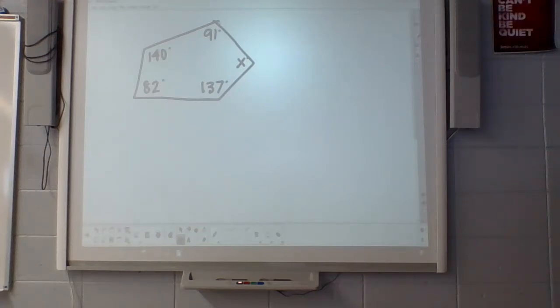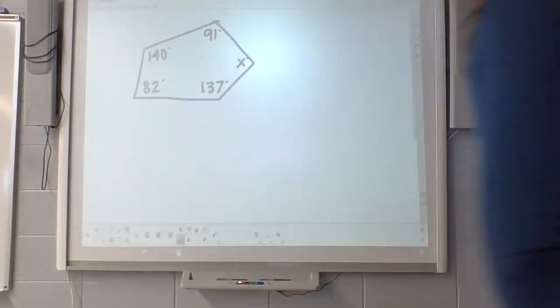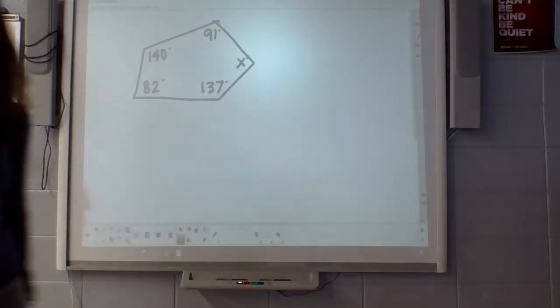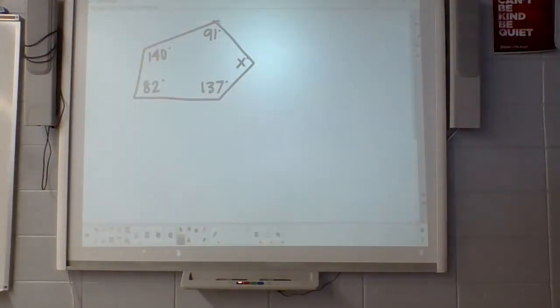So you have to figure out how many sides are on the shape. Then you have to figure out what it should add up to. Yes, good job.